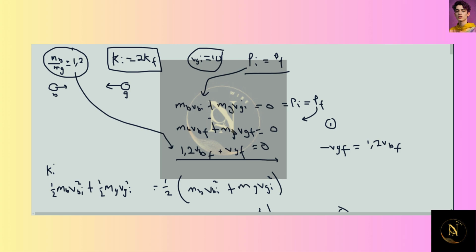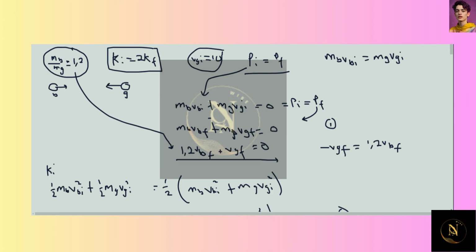If the momenta were the same before the collision, in opposite directions, we can actually just write it as mB vBi was equal to mG vGi, because the momenta were the same but in opposite directions. So this equation would directly lead you to something like this, but we're just comparing the magnitudes in this case. Notice I haven't taken into account the negative sign here because I know they're equal and opposite already. So I can just use this expression here.